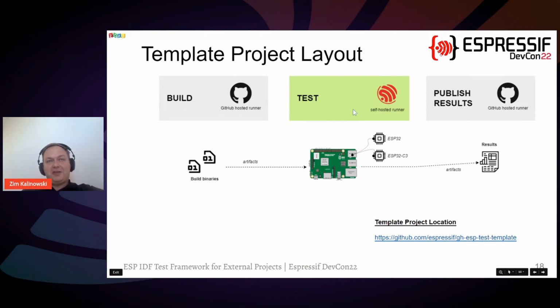Then you use a self-hosted runner to run the tests on ESP32 chips. And finally, it uses a GitHub hosted runner to publish the results. So the CXX component project is actually based on this template.